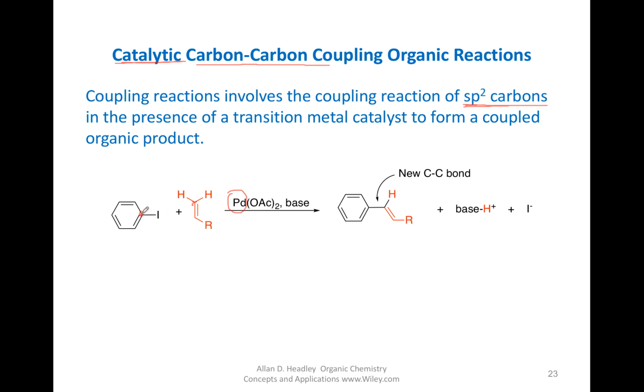So this carbon here bonds to this carbon to form a new carbon-carbon bond over here. Once again, this carbon with the iodine, the functional group, bonds to this carbon to form a new bond. One may ask, why wouldn't it bond to this carbon? And it does.